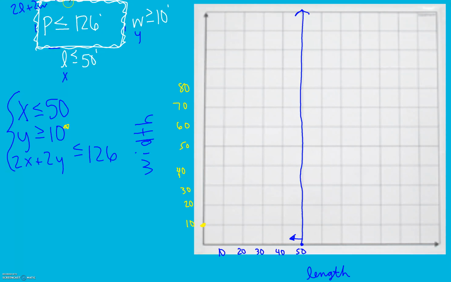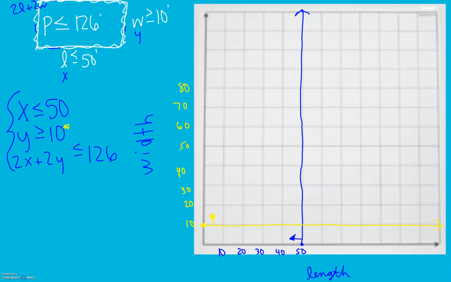I can draw in my line here because it's equal to. And from here, I want it to be greater than, so I'm going to go up. So right now, I want this direction from my blue line and this direction from my yellow line.